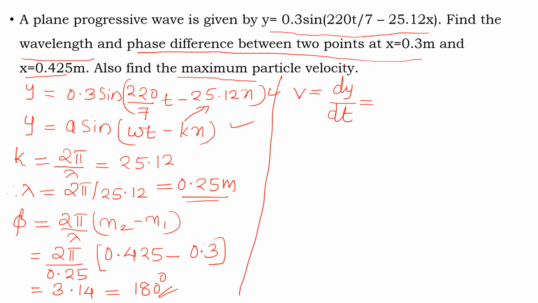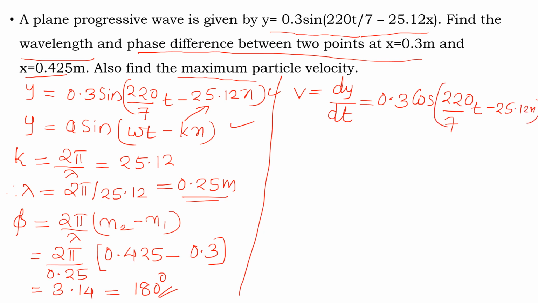Differentiating y with respect to t, we get 0.3 cos(220/7 × t − 25.12x) into the derivative of the inside term.